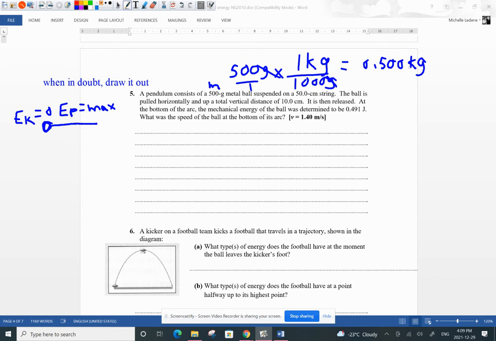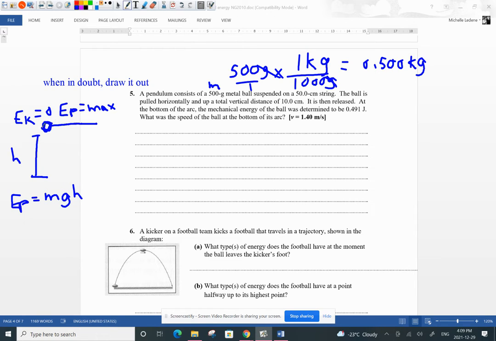We know how long the string is, but what is more important is the height above the ground, because that's going to give us our potential energy, mass times gravity times height.